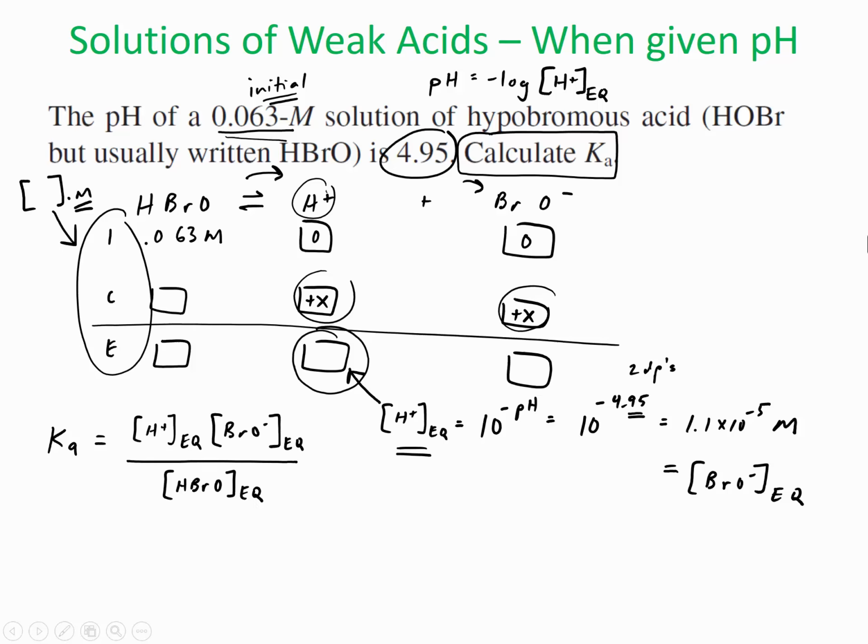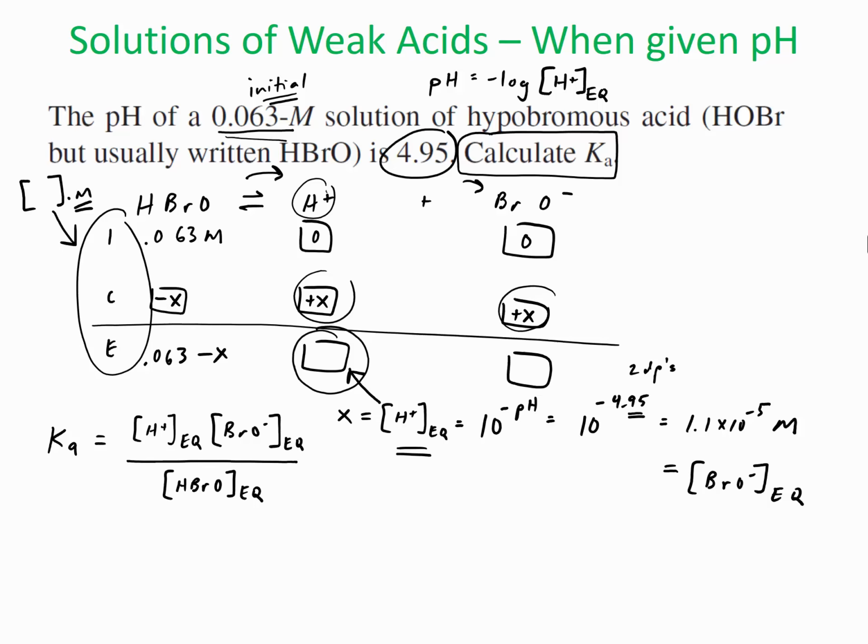As you see, we have 2 of the numbers we need, so those go here and here. Now all we need is this number here. This is going to go down by x, and now that we know x, this amount at equilibrium is going to be 0.063 minus x.